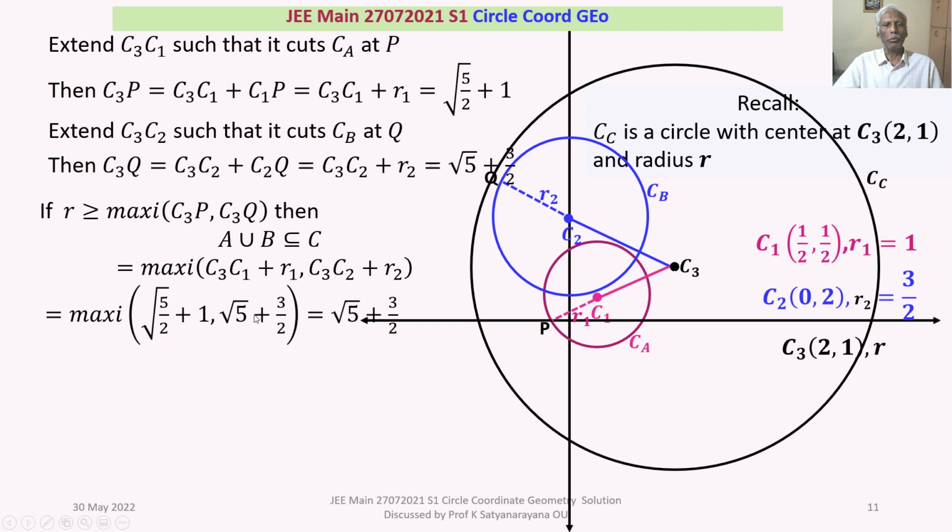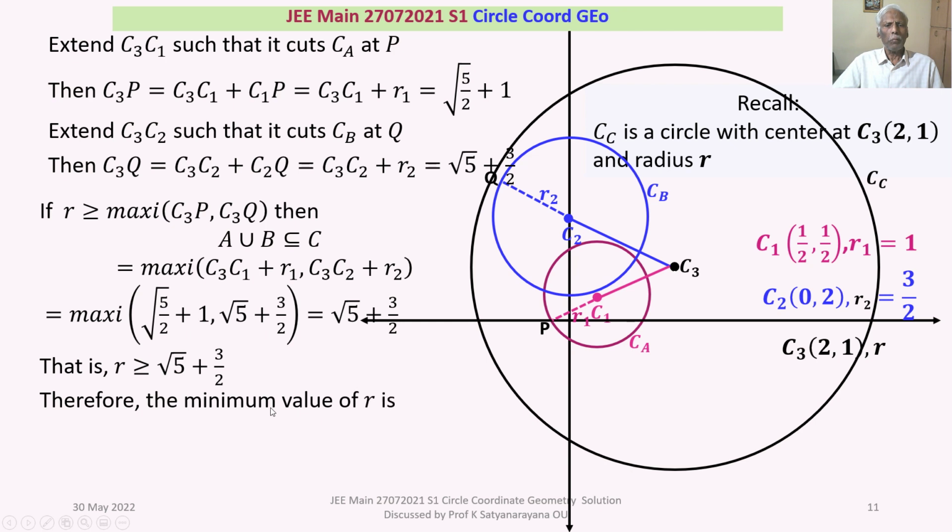The maximum of these two is root 5 plus 3 by 2. Then A union B is contained in C. We want to find the minimum value of R, which should be at least equal, that is R equal to root 5 plus 3 by 2. Taking the LCM, that is (3 plus 2 root 5) by 2.